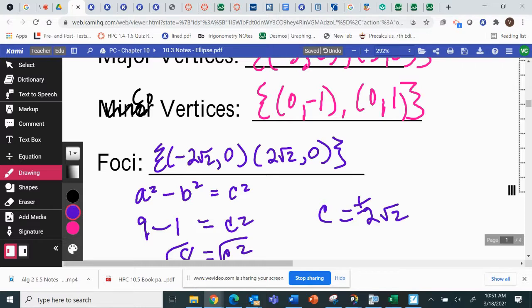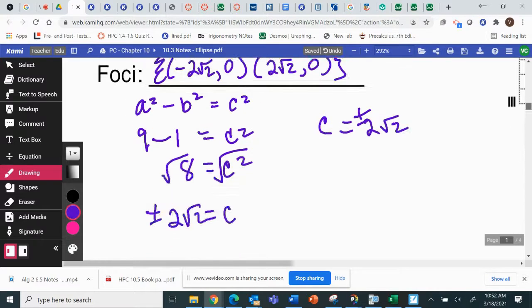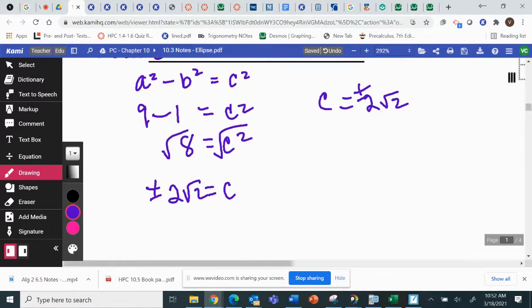Hey, Brandon, do you have an approximation of how long square root of 8 is without using your calculator? Yeah, you got an approximation. Square root of 8, how long is it?